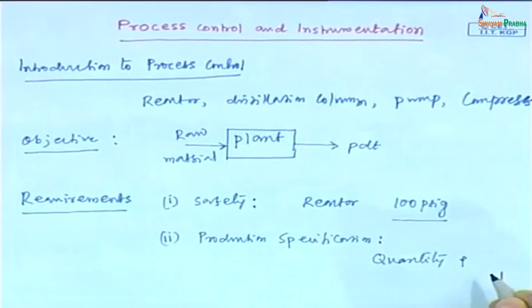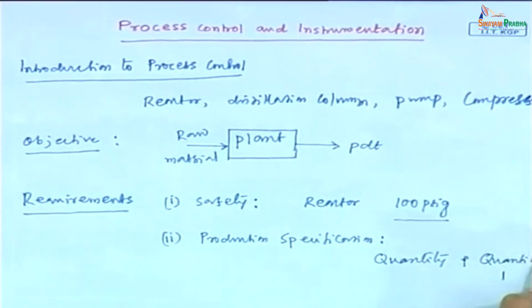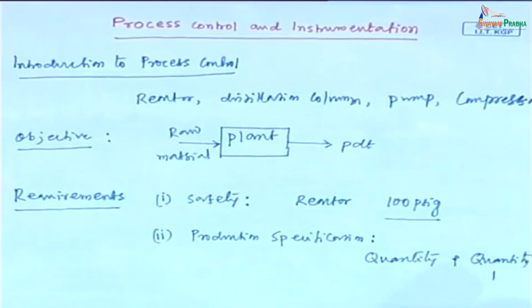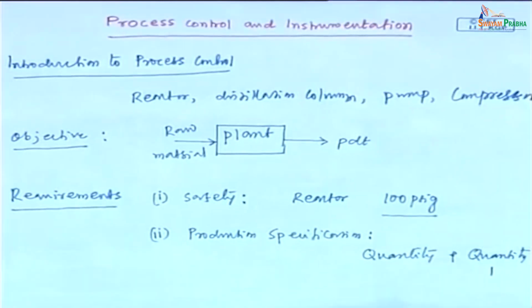So, first one is quality and second one is quantity. We need to maintain the quantity as well as the quality, that is the product specification.